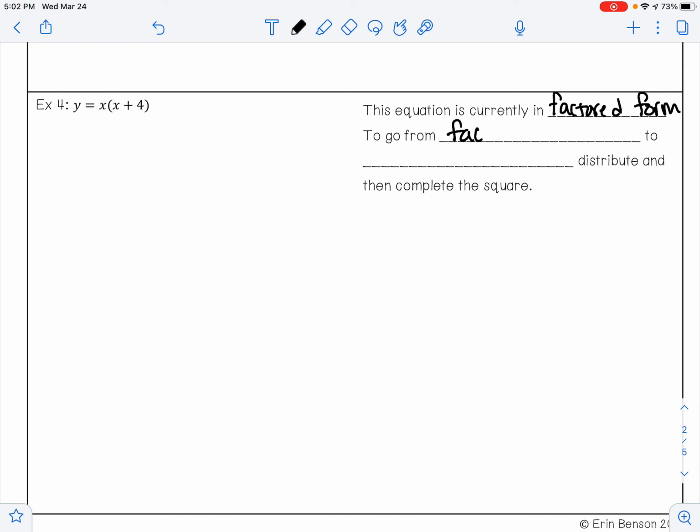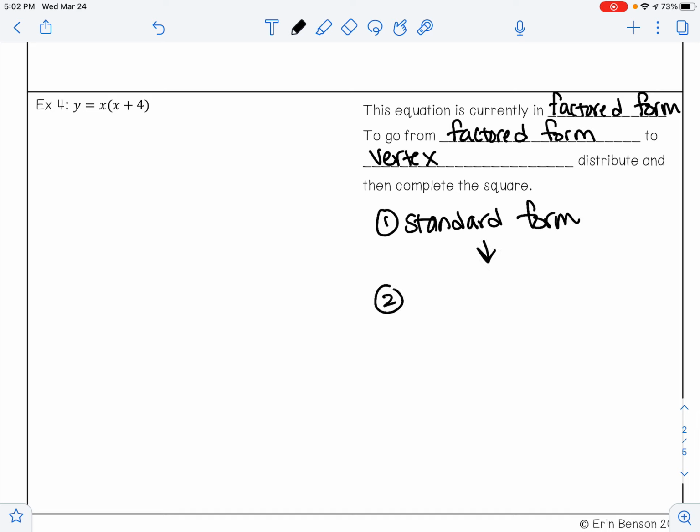To go from factored form to vertex form, we're going to need to distribute and then complete the square. By distributing, we're first going to get this equation in standard form, and then from standard form, we will complete the square, which will get it in vertex form.